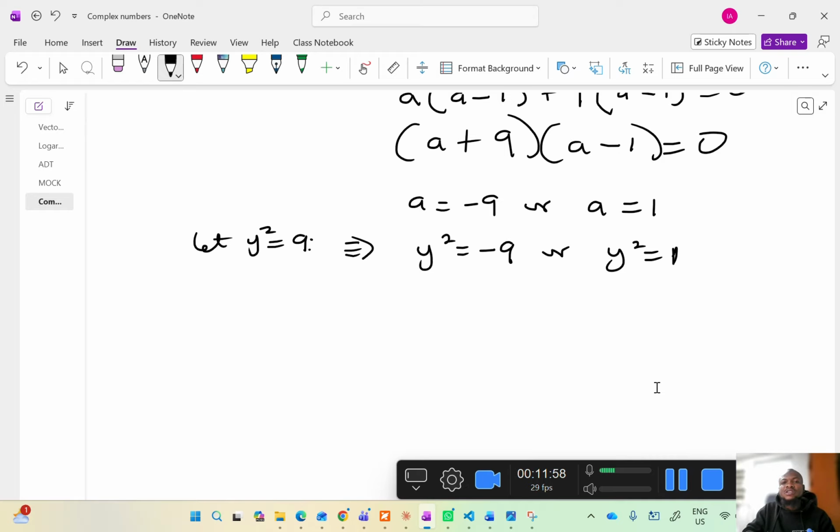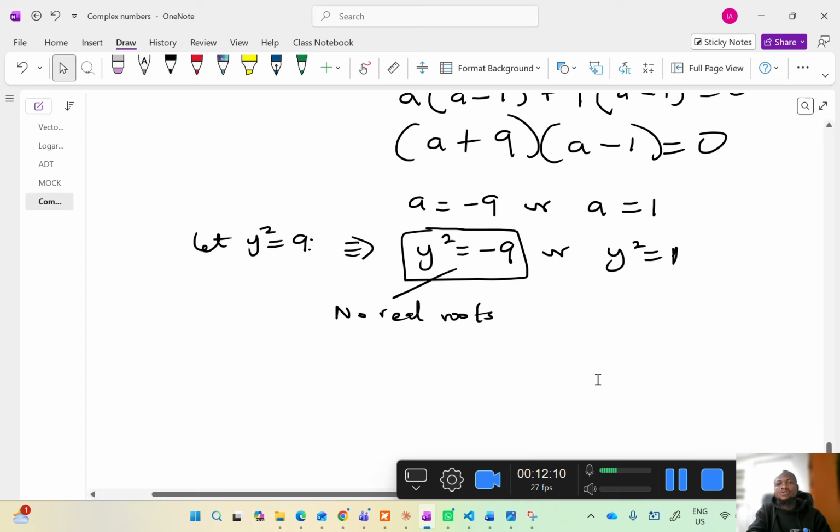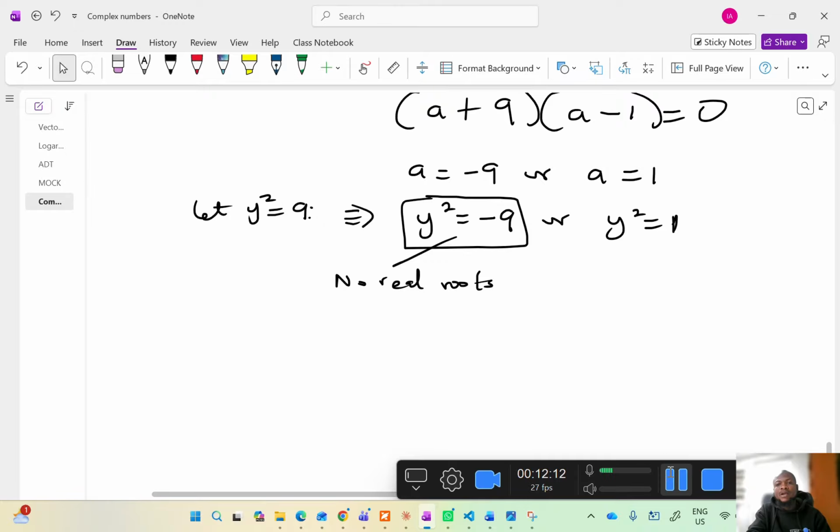At this point, this value has no real roots, because you cannot find the square root of minus 9. So that means only this has real roots.